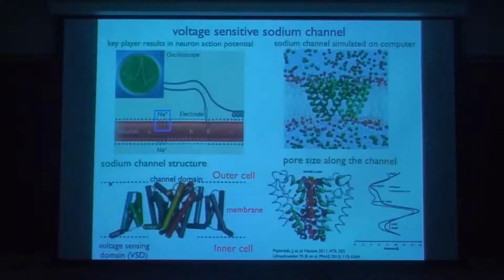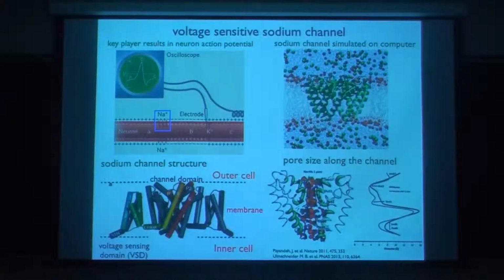So this is how it does, and now we have a similar channel that is not yet so well understood because the structure was only solved recently, and it's also only a bacterial channel, but we also know the sodium channel. The sodium channel looks very similar. It doesn't have the detail of the selectivity that we find in the potassium channel.